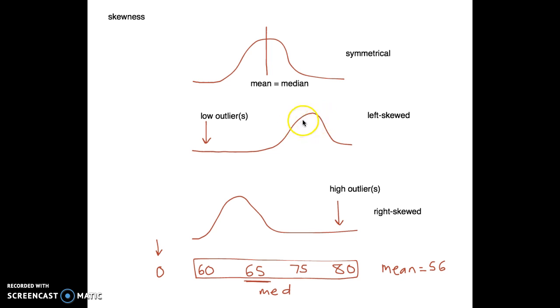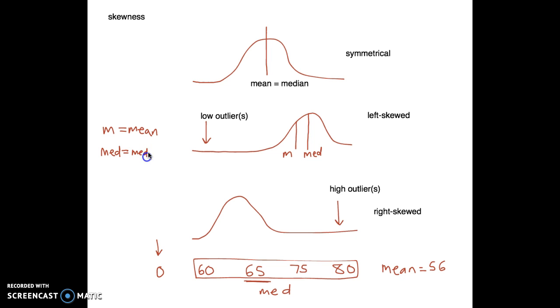So wherever the mean is going to be and the median, so let's say the median is right here. Let me write it out. I'm just going to put MED for median. The mean is going to be below that. I'm just going to do M for mean. So M is going to stand for mean, and MED stands for median.